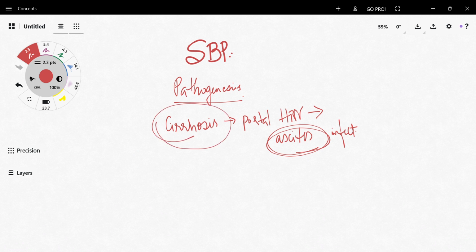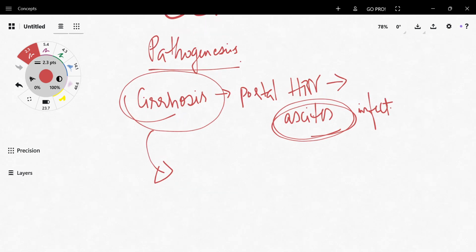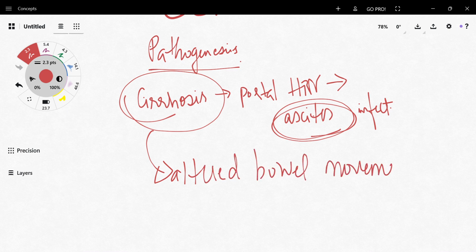is that cirrhosis causes altered bowel movements and altered bowel immunity.